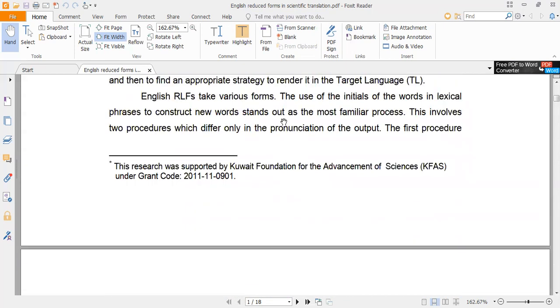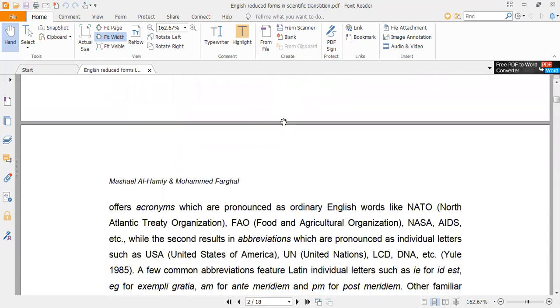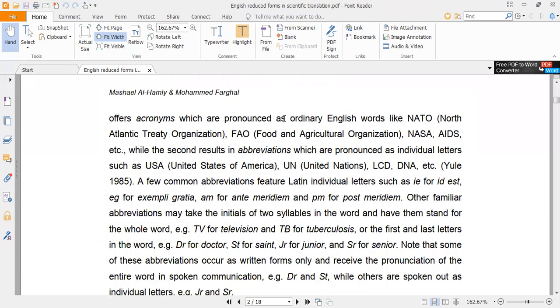So, acronyms involve taking the initial letters of every word in a phrase and then pronouncing them as one word. Now, abbreviations are the second form of reduced lexical forms.